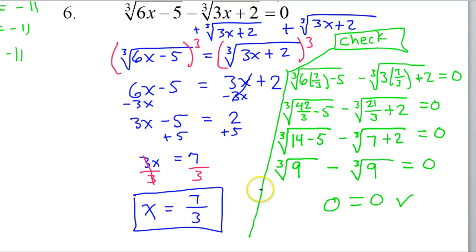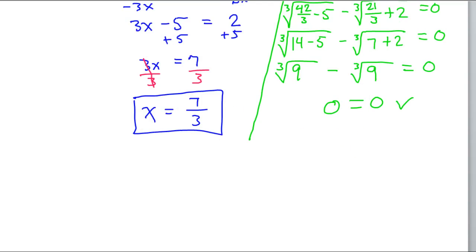Now once again, let me emphasize something to you. If this had been a negative number and an even power, this didn't happen, but let's say we wound up with something like this. The fourth root of negative 9 equals the fourth root of negative 9.